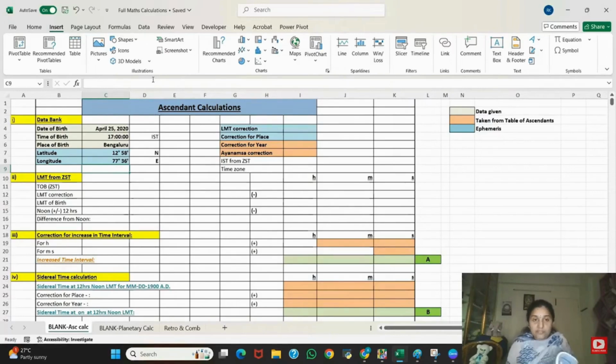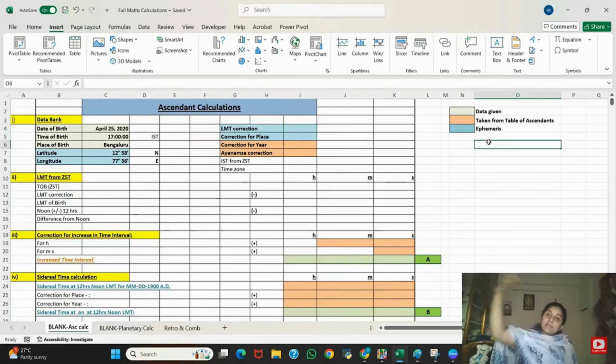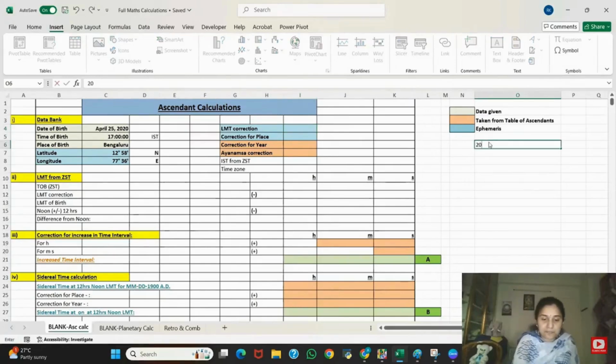Next we have the LMT correction, that is local mean time correction. For India we have only one standard time, that is Ujjain's standard time, which comes under 82 degrees 30 minutes.